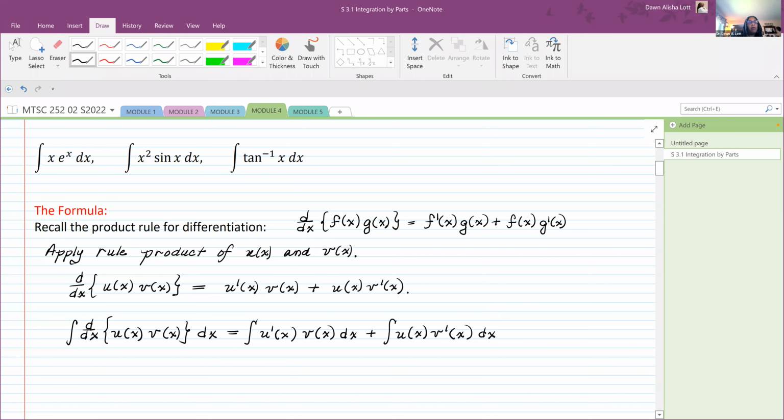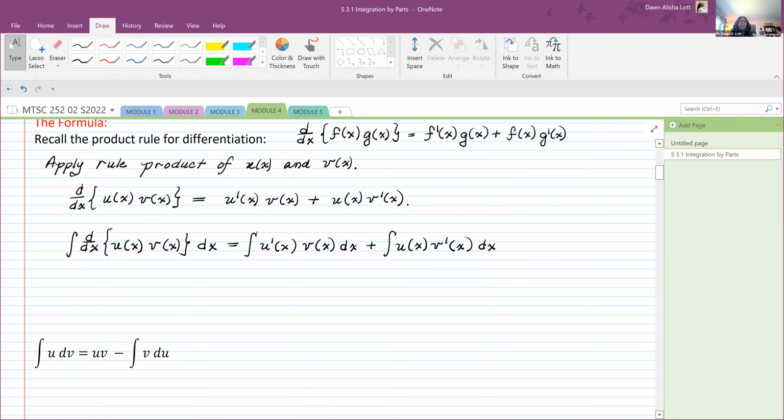Now, the first thing we already said was that if you integrate the derivative, you're just going to get a constant, actually. So the integral of the derivative will give you a constant. But in the meantime, I'm not going to worry about my constant. I'm just going to write this as u of x times v of x.